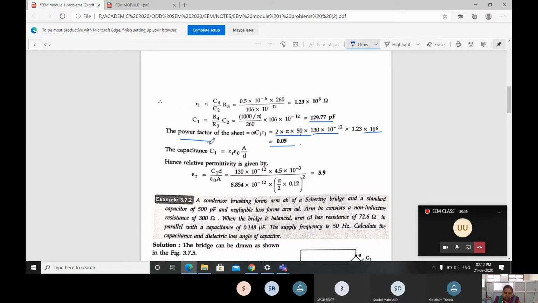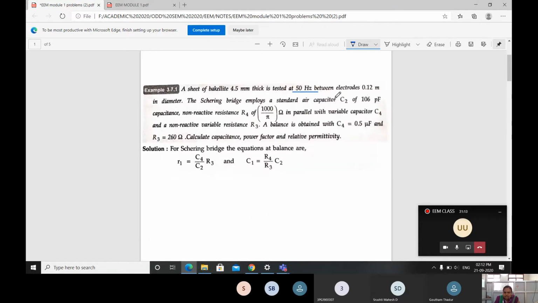This is the general equation, that is C is going to be taken as omega, permittivity in air and permittivity in the media. What is the relative permittivity? Epsilon r is going to be taken as C1 divided by C1 into D divided by epsilon naught into A. Substitute, this is a standard value. I hope you remember from your basics, 8.854 into 10 raised to minus 12. C1 is taken as 130 into 10 raised to minus 12, that is pico, into what is the D?